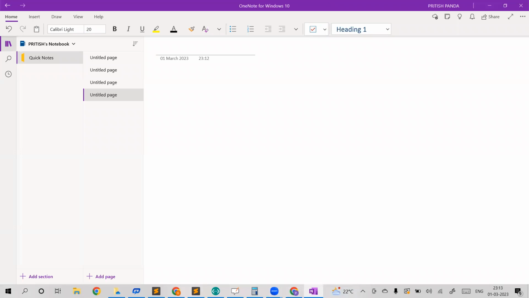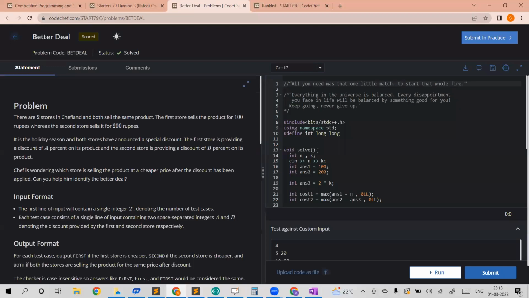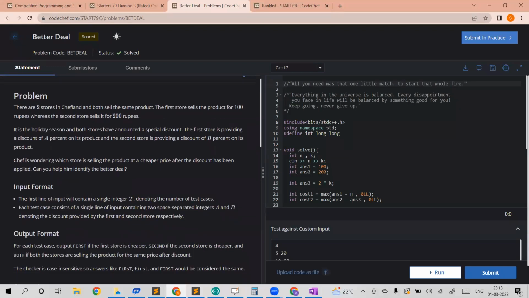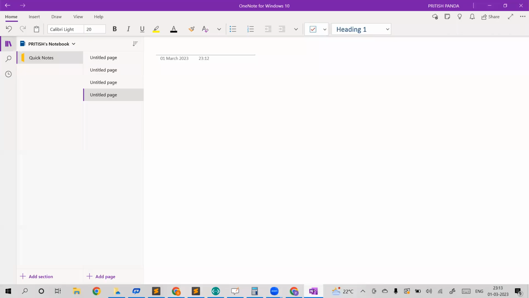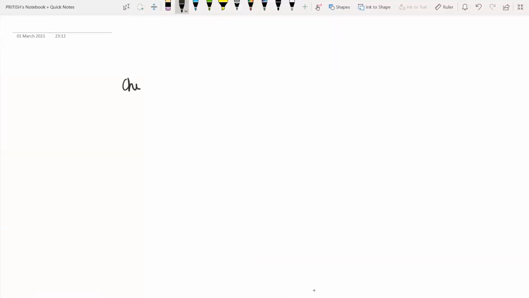Yes. So the first problem is Better Deal, and this is a pretty easy problem, so I won't waste much time here. In this question, it is given that chef one sells the item at 100, and the person two sells it at 200, but he also gives a discount of X%, and the other gives a discount of Y%.